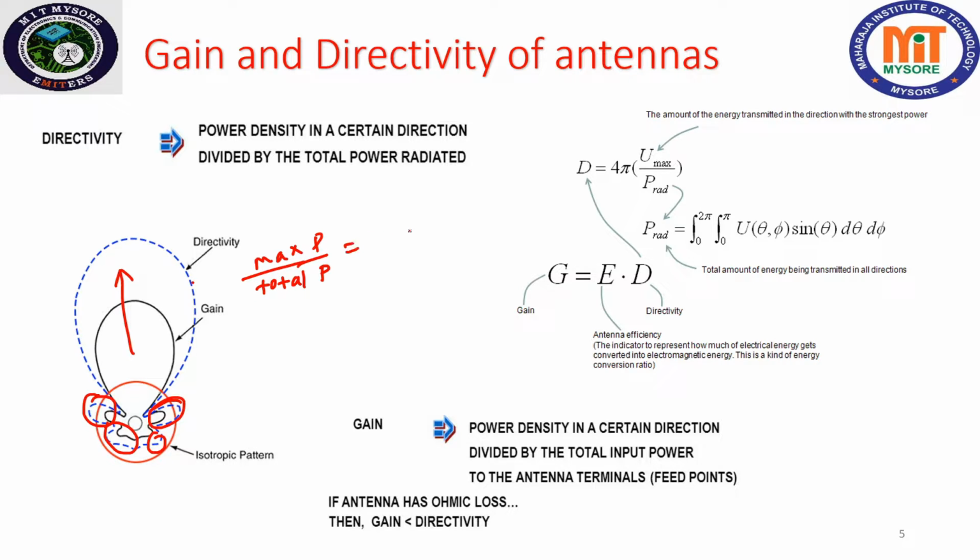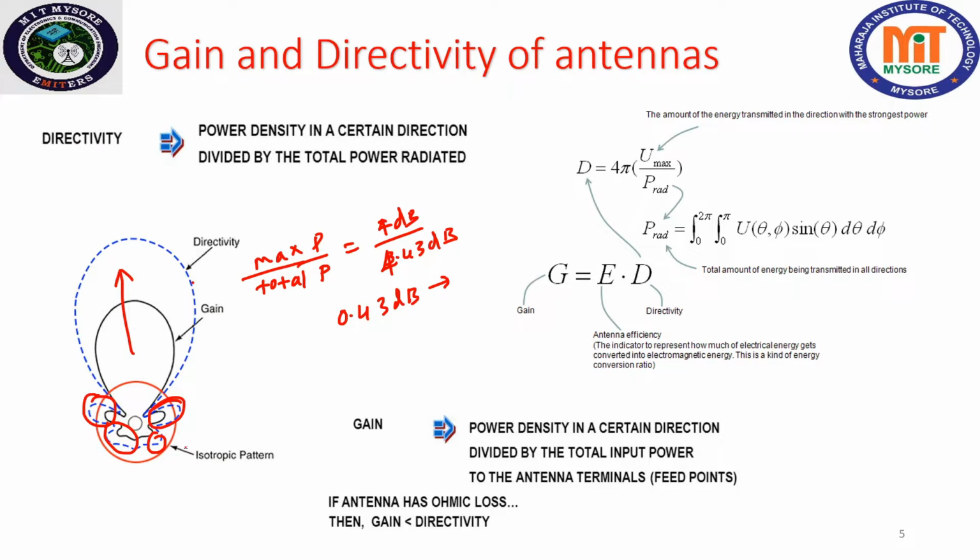It might be like maximum power might be say 4 decibels, whereas 4.43 decibels might be your total power. So what is this difference? It is the power in the side lobes, which will be considered a kind of loss.